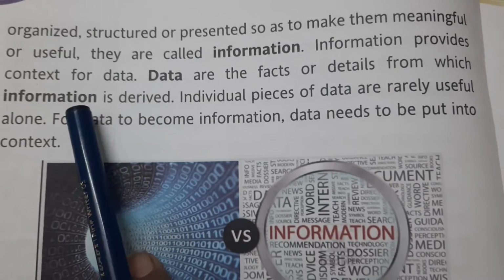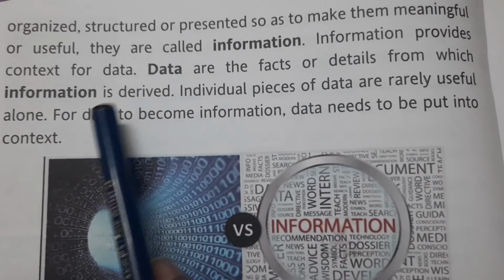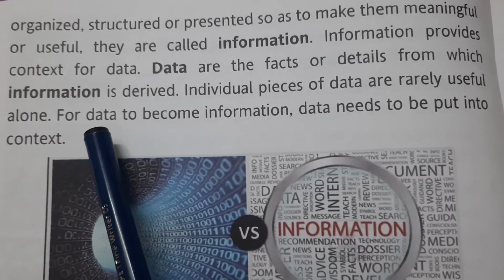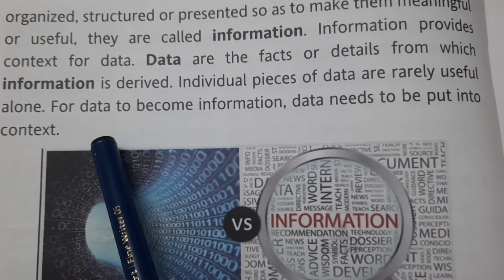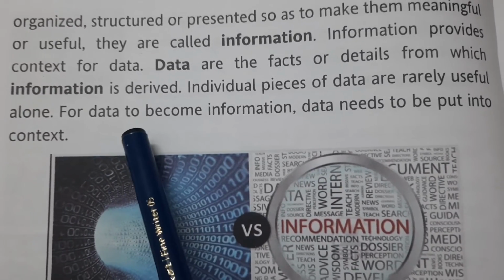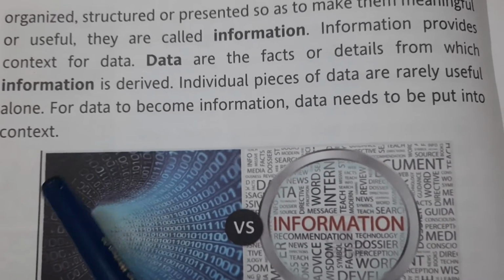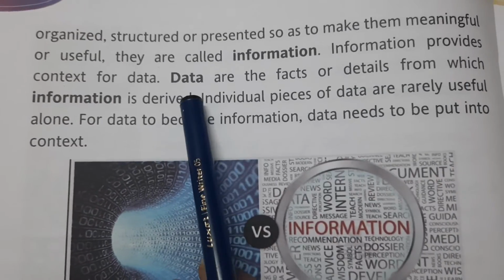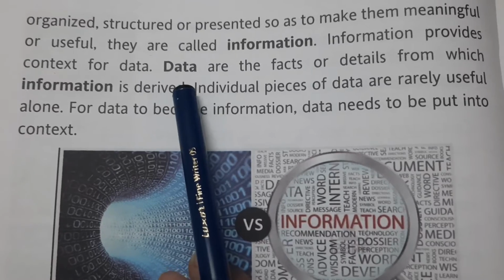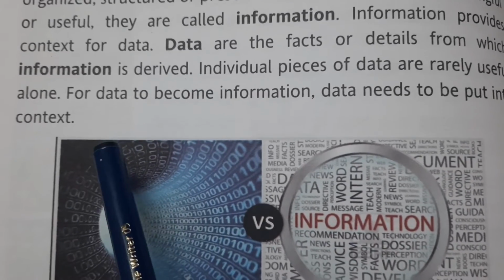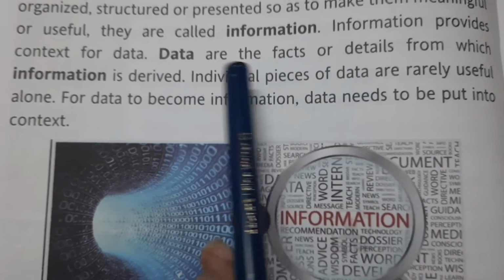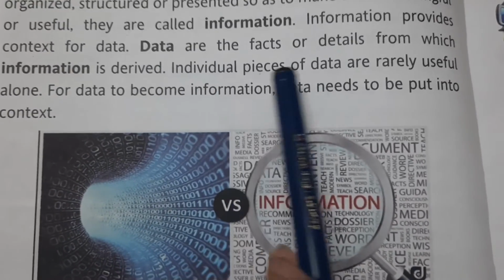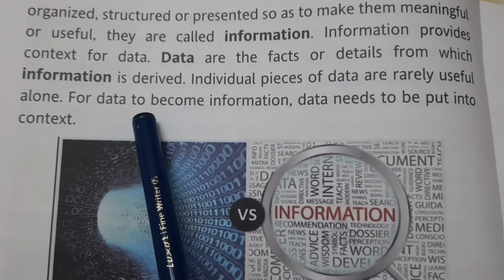Now, information provides context for data, means it gives a meaning to data. Otherwise, suppose there are 60 students in a class and we just have the information randomly, there is no weightage, no use of that data. But when we process it as a class and present it, it gets a meaning. It provides a weightage to the data. Data are the facts or details from which information is derived.